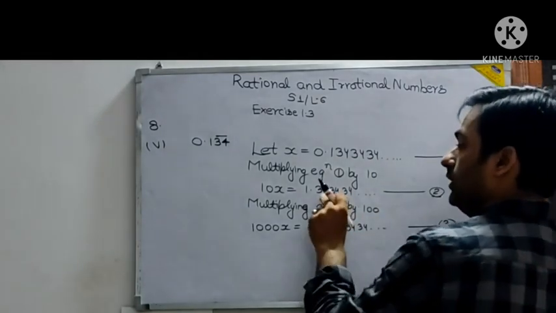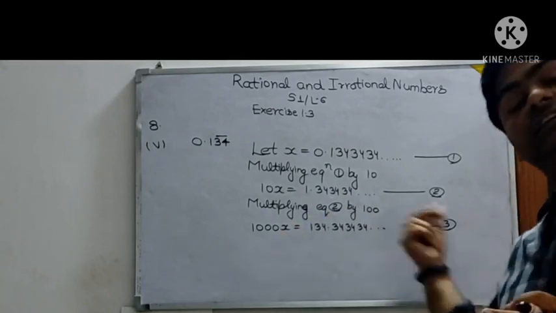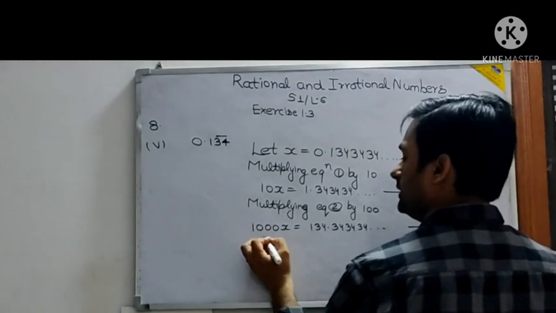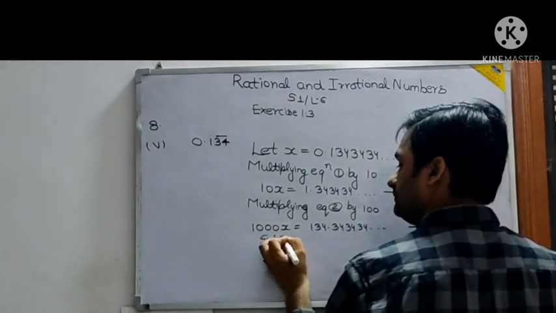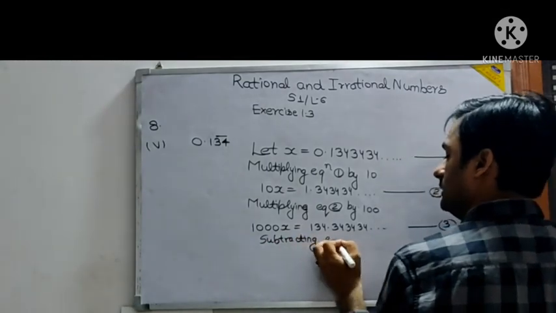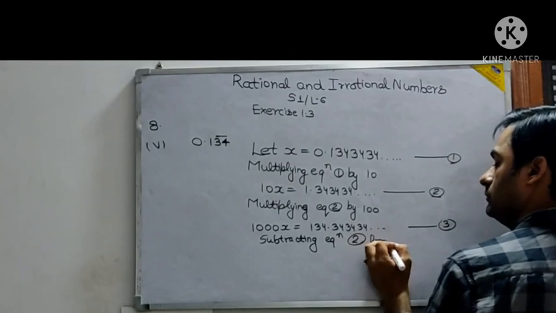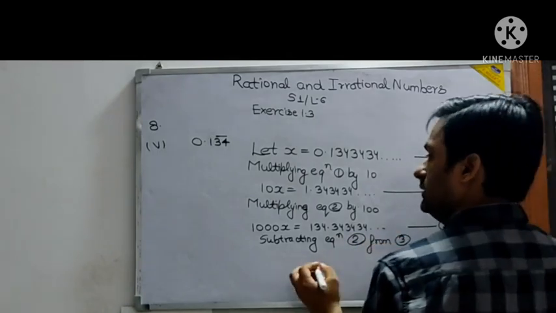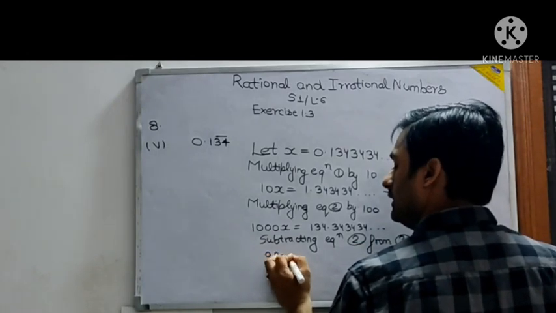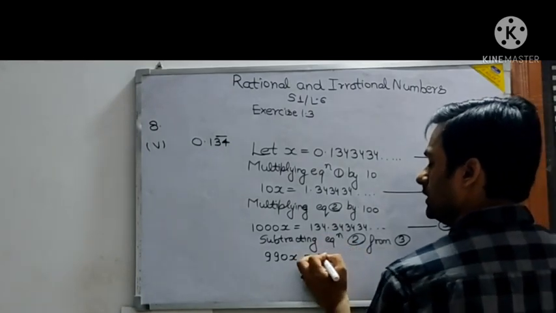Now see here, in the equation which is to be subtracted, after the decimal point only the repeating digits have to be there. So what next step is there? Subtracting equation 2 from 3. What do you get? 1000 minus 10 is 990x is equal to what? 134 minus 1 is what? 133.